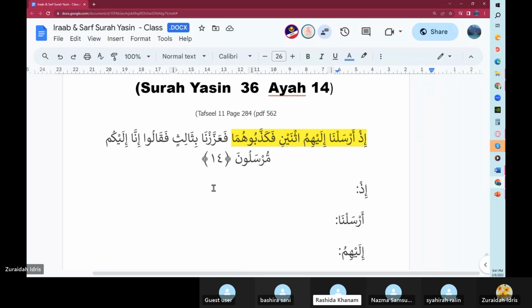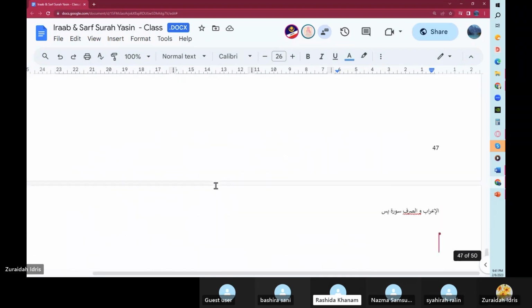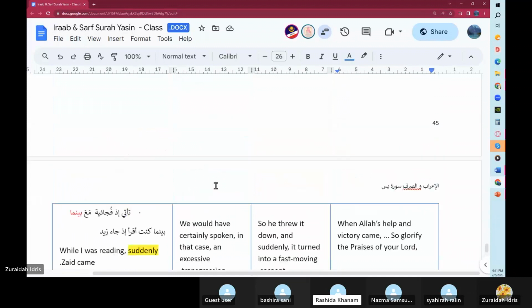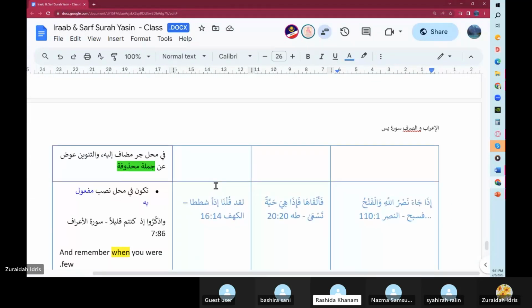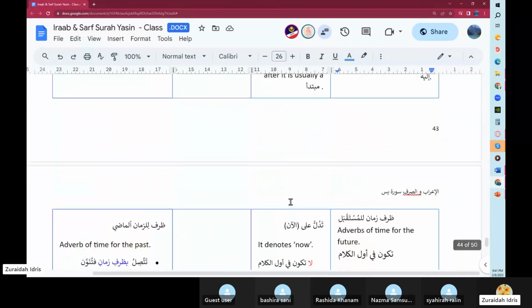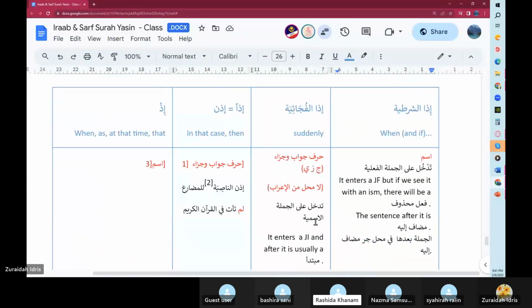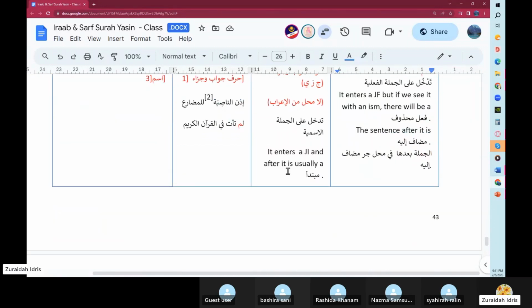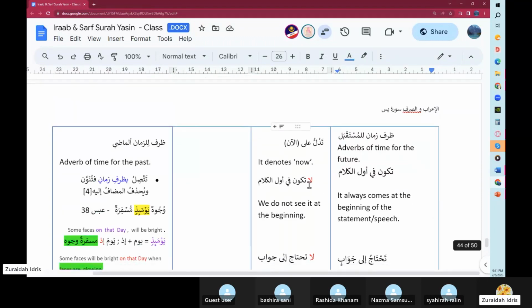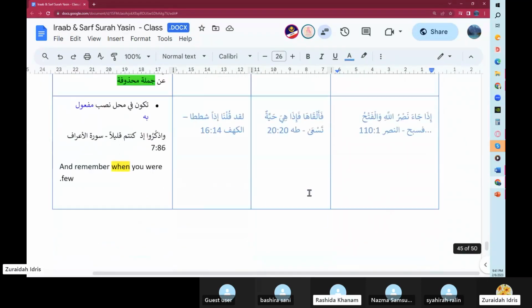Iza Fuja'a, when then a verb sentence and an ism sentence can both come after it. A jumla ismiyah only will come after it. It enters with jumla ismiyah, and usually what's after it is the mubtada, because it's ismiyah. So the first thing that comes after it is the mubtada. Like for example, here.